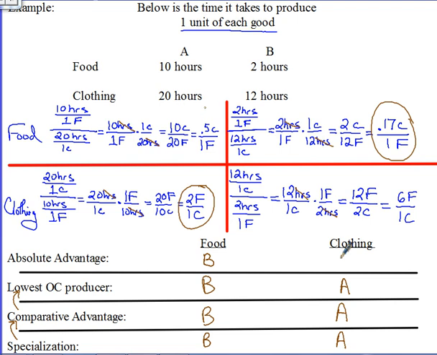So we would say that B has an absolute advantage in the production of clothing. So B has an absolute advantage in both, and yet it is still worthwhile for B, because A has a comparative advantage in clothing, it is still worthwhile for B to specialize in food, allow A to specialize in clothing, and then they can trade with each other.